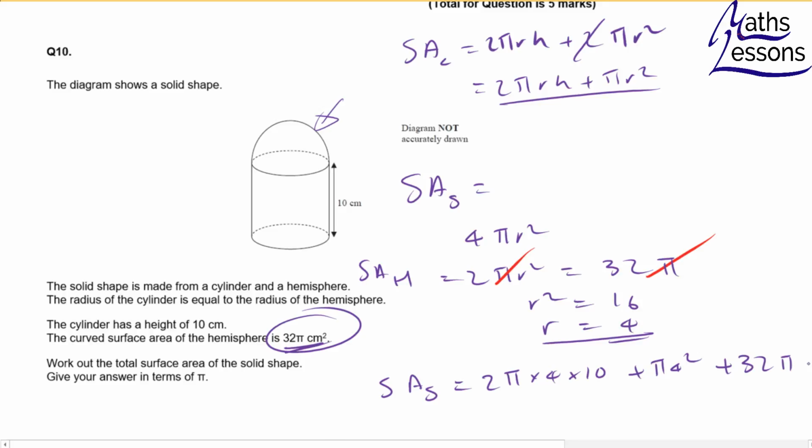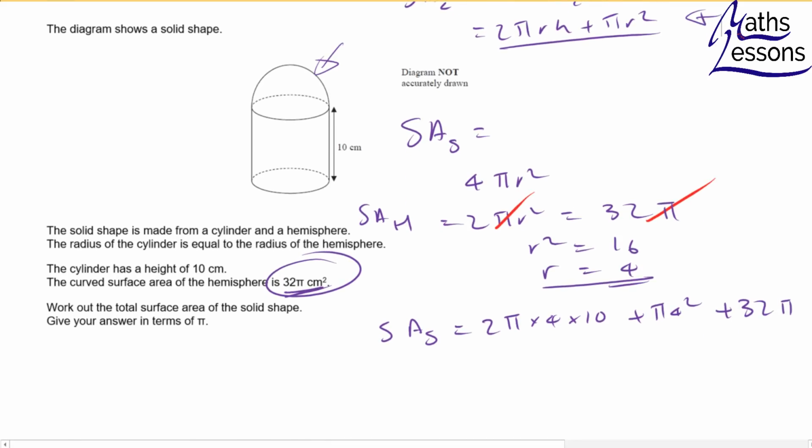Now what you noticed here is I didn't really read the question properly. The student might have realised that I thought I was just going to get this and then just add on the 32 pi. Then I realised suddenly I didn't have r. I had to go back and find r. And that's how you can build up questions and spot what you've got to do. Right? There's no bad thing in not spotting things. It's just realising on the fly that you need to correct your mistakes.